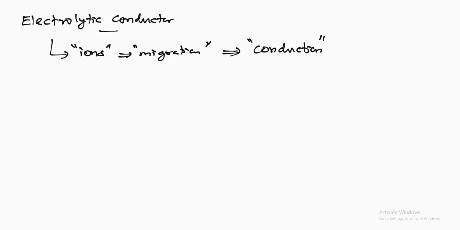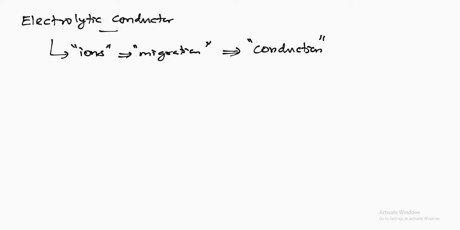Okay, and see, normally these ions migrate in the aqueous medium or in the molten state. The ion migration takes place in the molten state or in aqueous medium or in any other solvent medium.